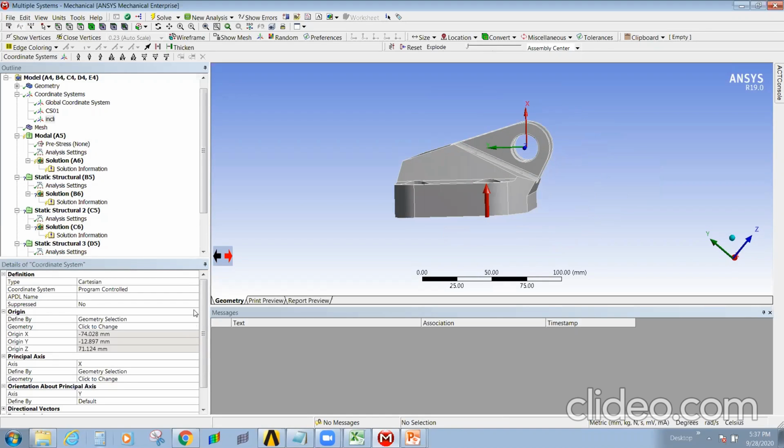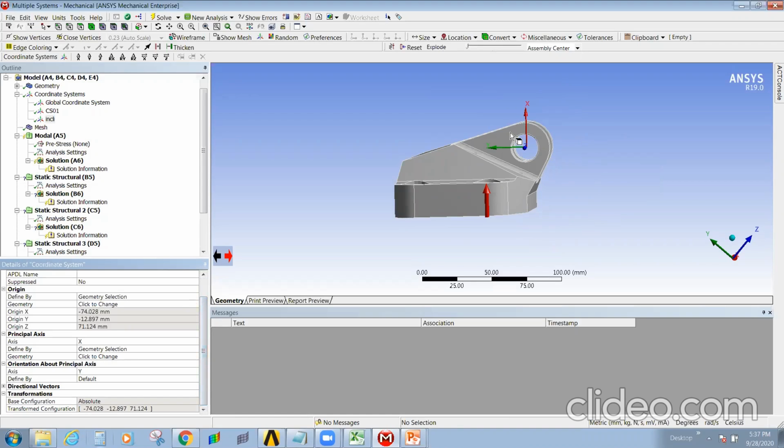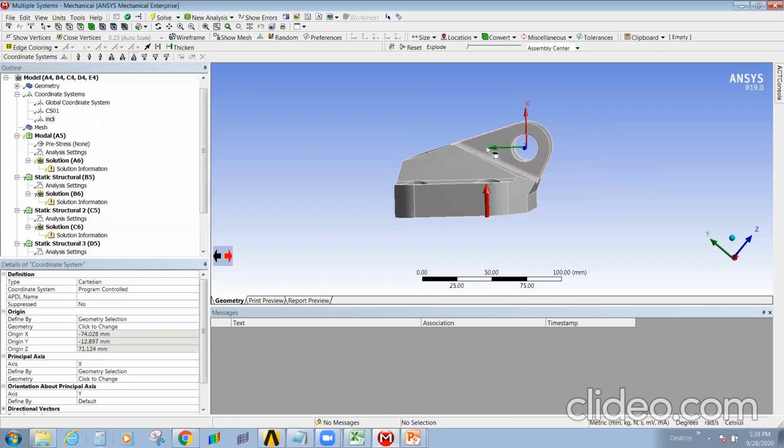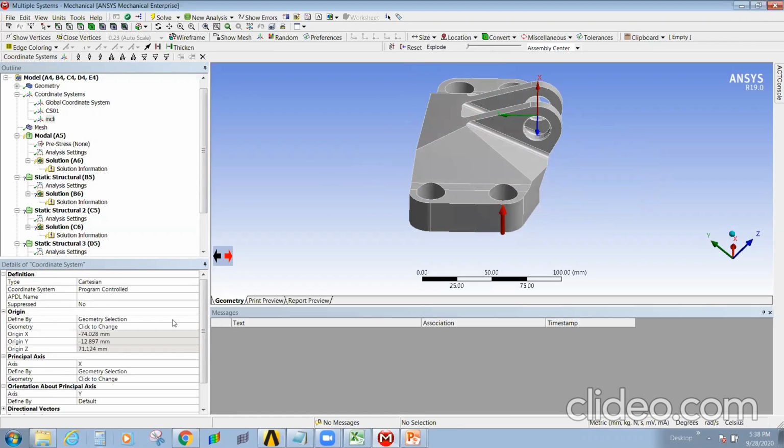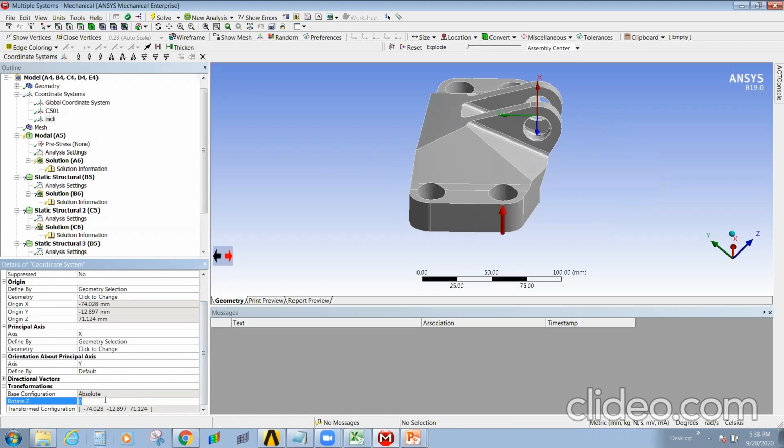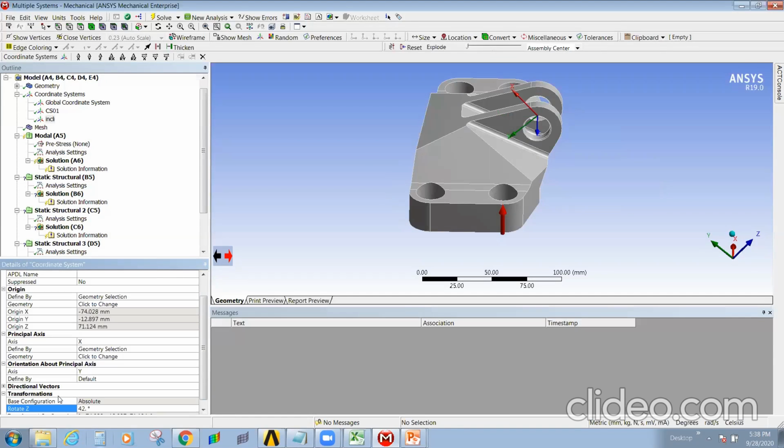Now I want to rotate this X into 45 degree. How do I do it? I'll take RZ, because your rotation should be with respect to RZ. So I'll rotate this RZ by 42 degree as mentioned. Oh, sorry, negative 42 degree.